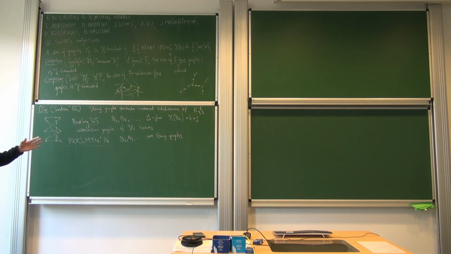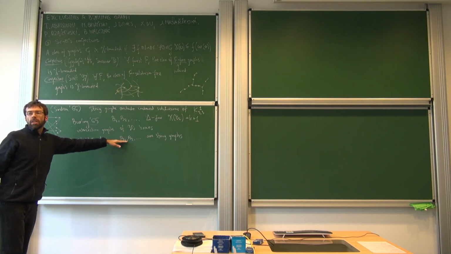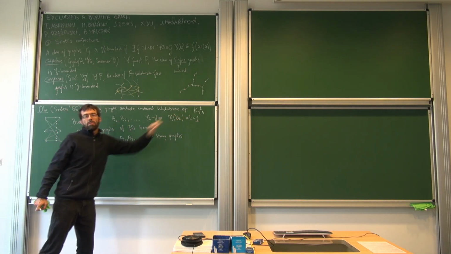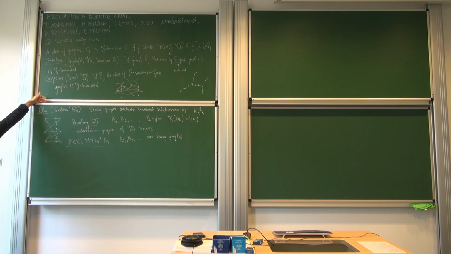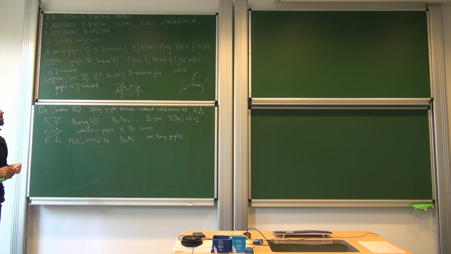So this implies that the class of string graphs is not chi-bounded because of these properties, and therefore, as a consequence, Scott's conjecture is false. However, up until now, Burling's construction is still the only one known to disprove Scott's conjecture.